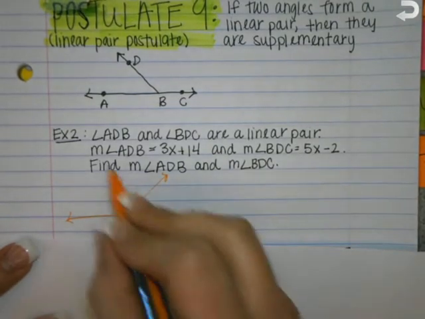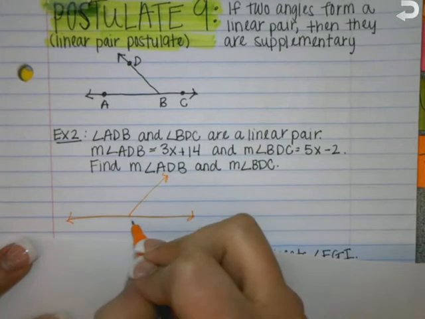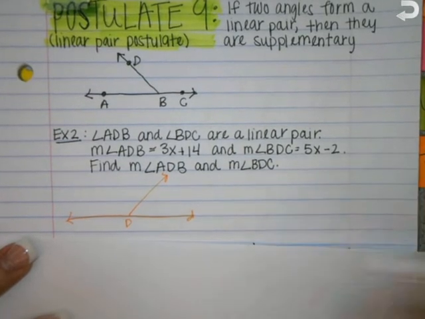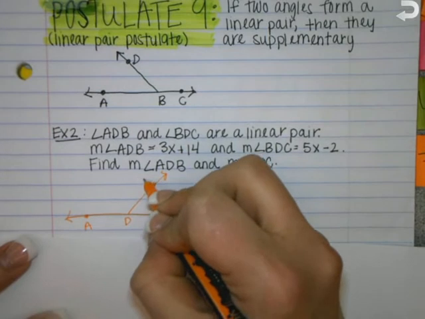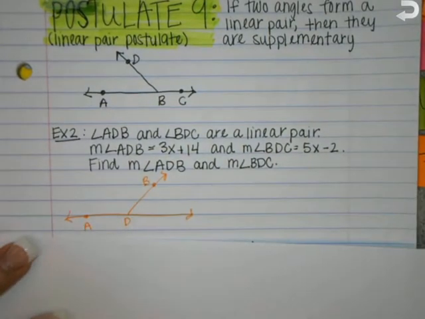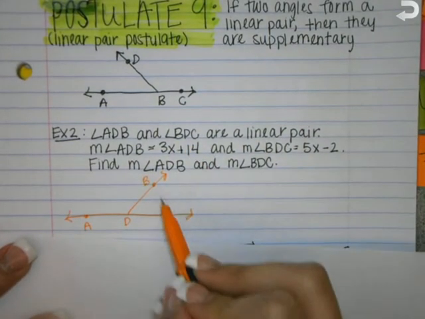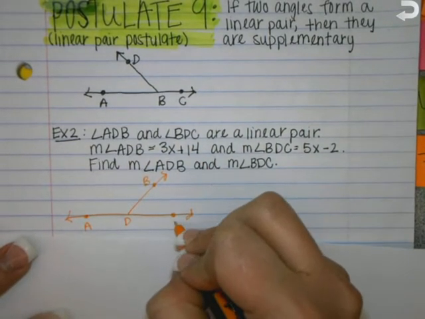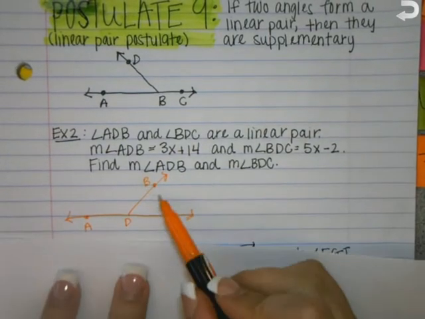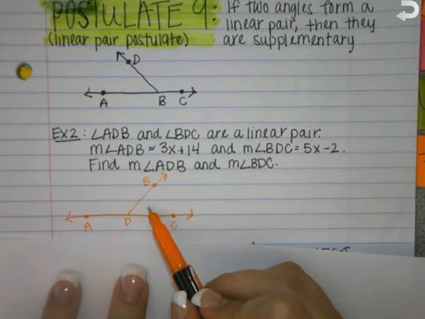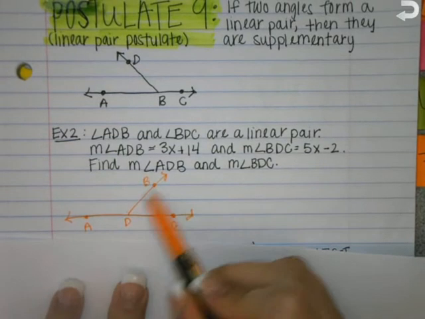And it says ADB, so D is the vertex. Let's put A here and B here. And BDC, so BD and then C has to be here. Does that make sense, guys? How to draw it? Now, if it turns out, once we find the measures, that angle BDC is actually supposed to be bigger than ADB, do you think that really matters?